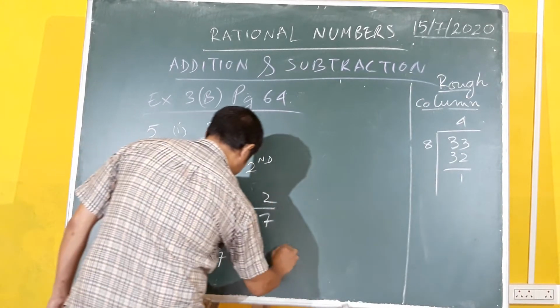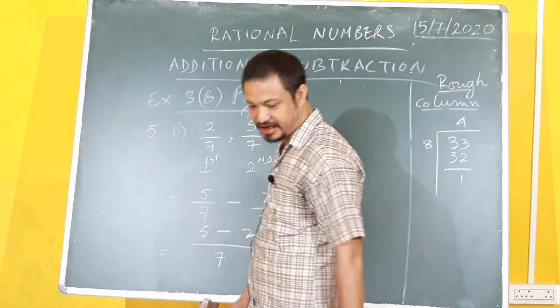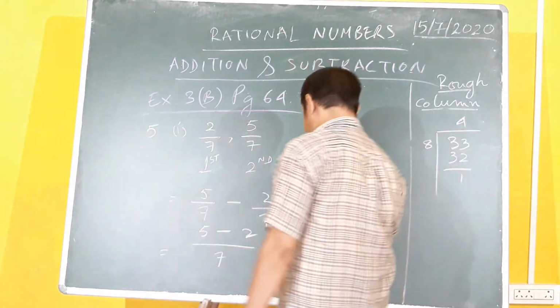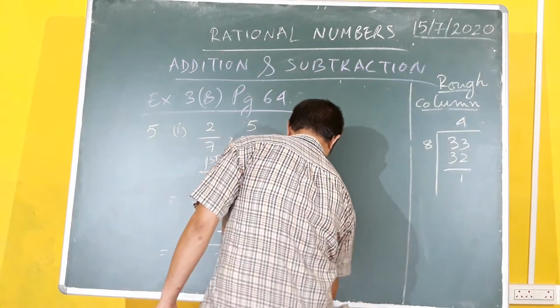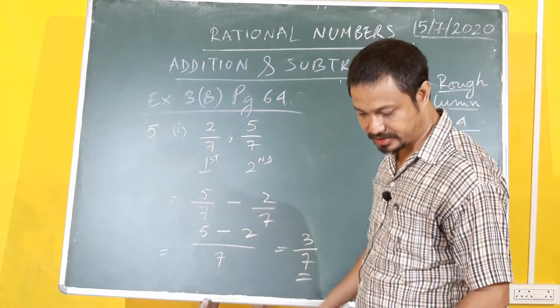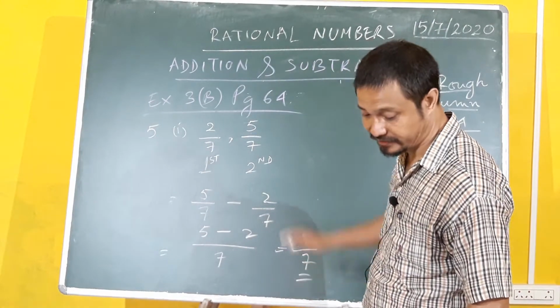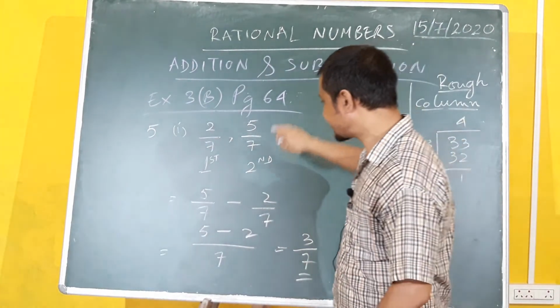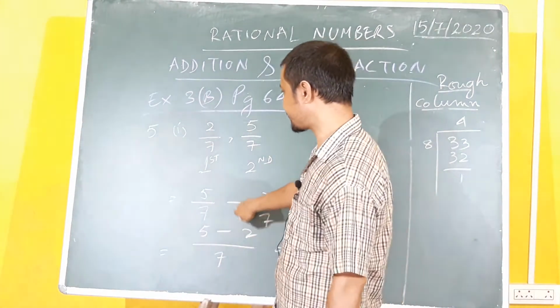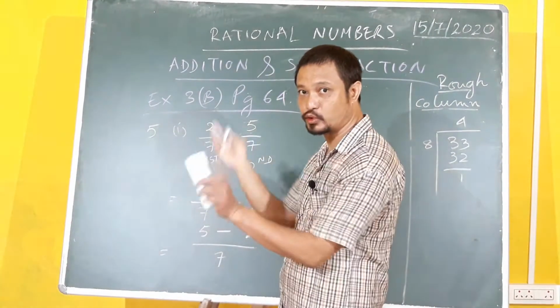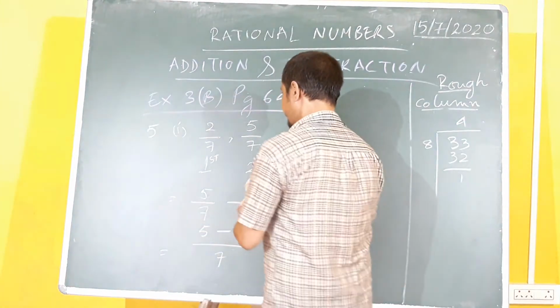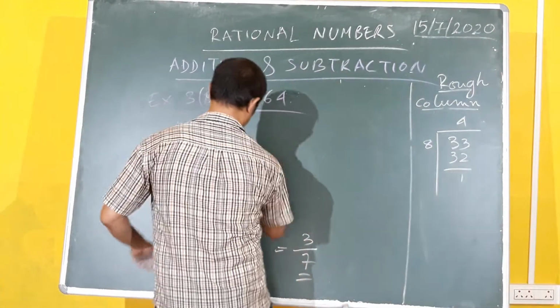So 5 minus 2 is 3 upon 7. Right, so this is how you go about it. Please pay attention to the fact that the second rational number is going to subtract the first rational number. It's kind of ulta, opposite, you know.